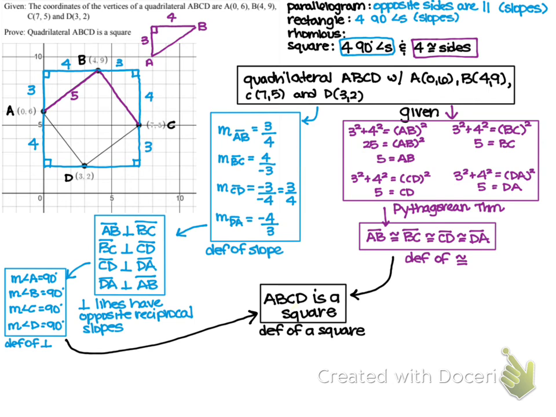So notice I would only do the blue stuff. Now you got to be careful here. If you want the lines to be perpendicular, so 90-degree angles, that's the whole opposite reciprocal business for perpendicular. But if you want parallel, like for the parallelogram, that means that you need the opposite sides to be parallel to each other, which means they have the exact same slopes.